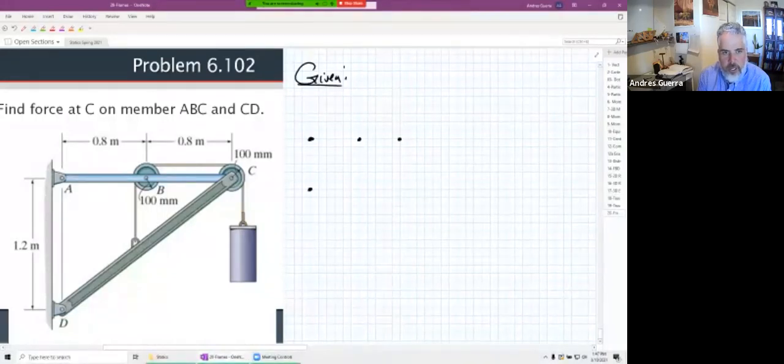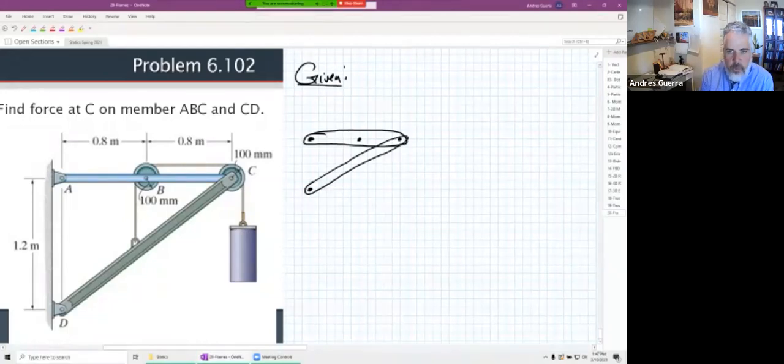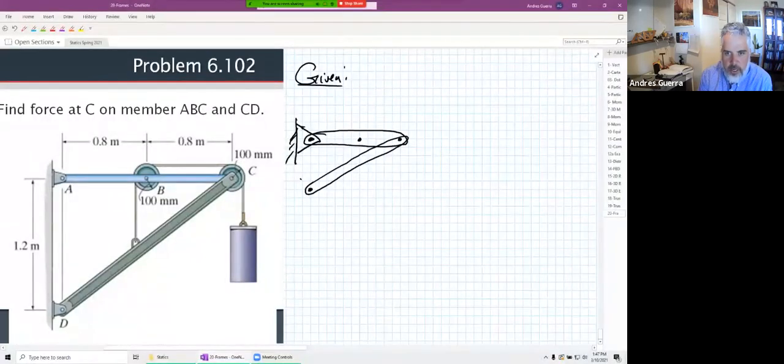We have a rigid object from A to B to C, and a rigid object that goes around this point right there. We have a couple of pin supports on a wall.